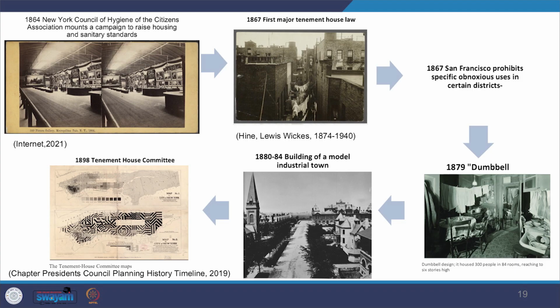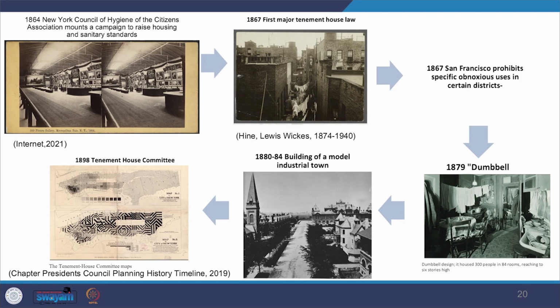Later on, we see in 1879, the Dumbbell Tenement Act, a form of multifamily housing widely built in New York and notorious for poor living conditions. So the dumbbell tenement, which came up in 1879, is very well known for its poor living conditions, and it was a kind of multifamily housing widely built in New York.